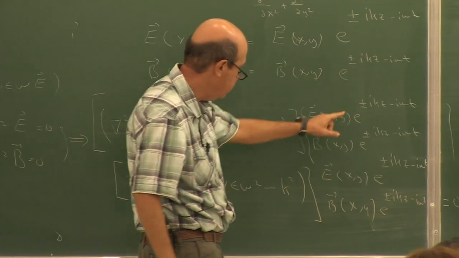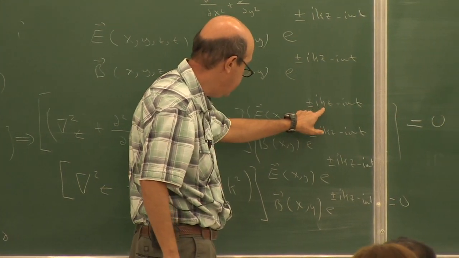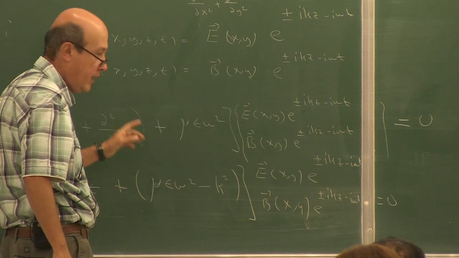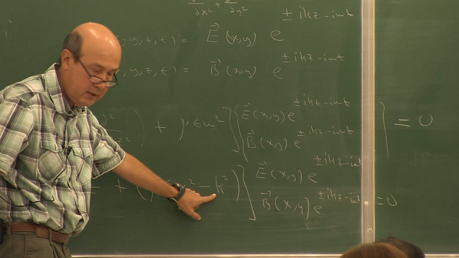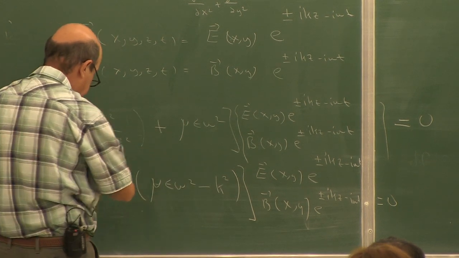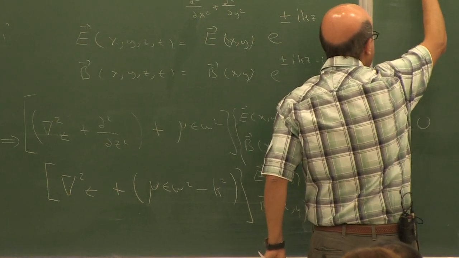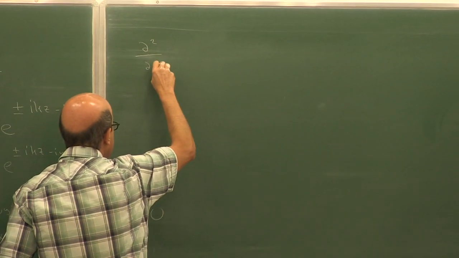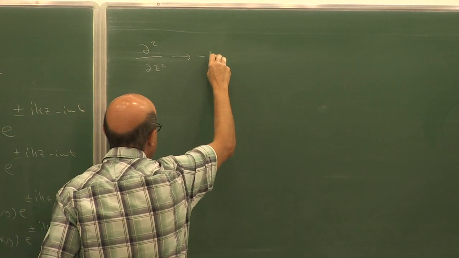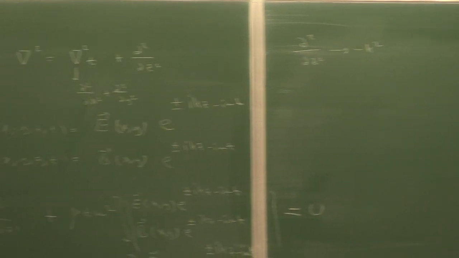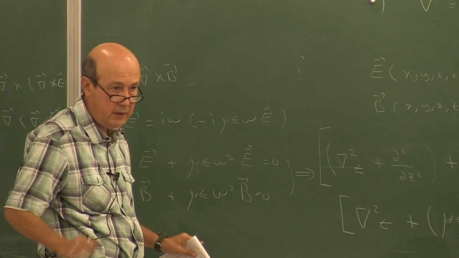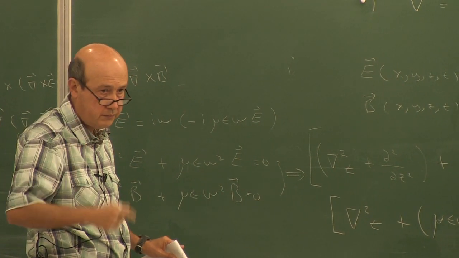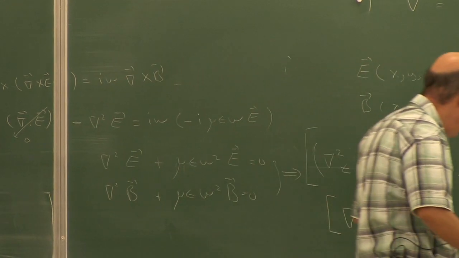If we apply this to the z dependence, it brings plus or minus ik, and altogether that will be minus k squared. So you can replace del squared over del z squared by minus k squared. Okay? Is it okay for everyone? So it's trivial.